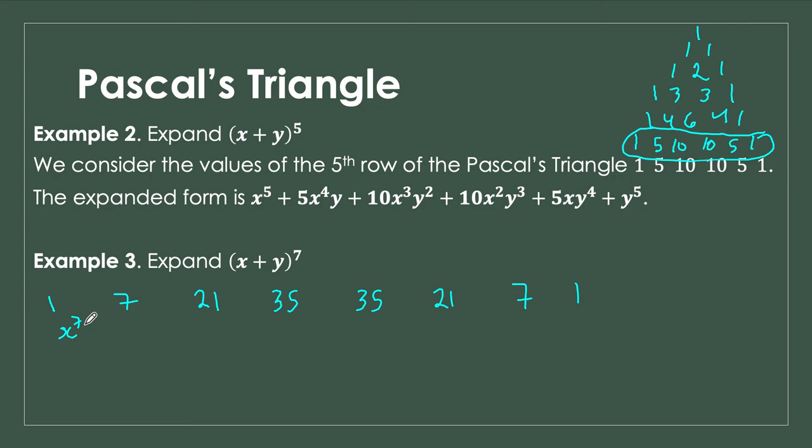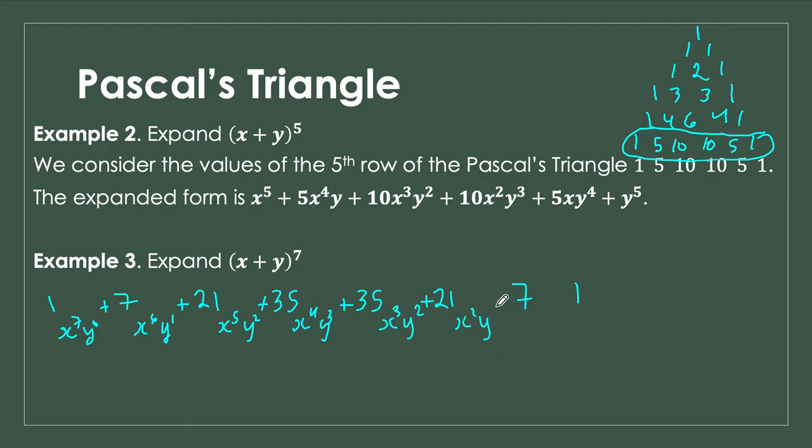x raised to 7, y raised to 0. I think you know already what will happen. We have x raised to 6, y raised to 1 plus x raised to 5, y squared plus x to the 4th, y cubed plus x cubed y squared plus x squared.